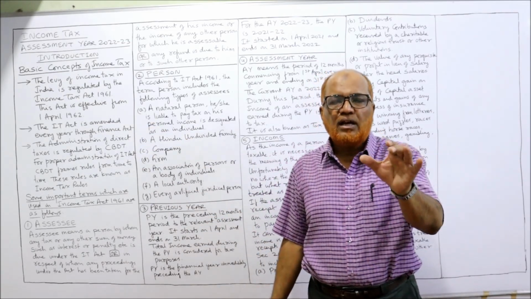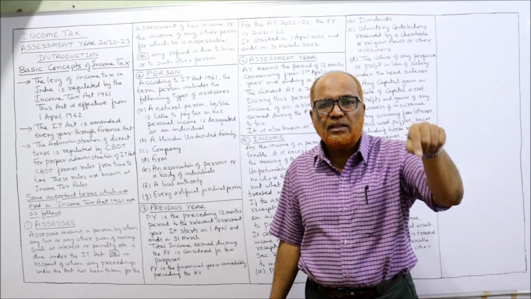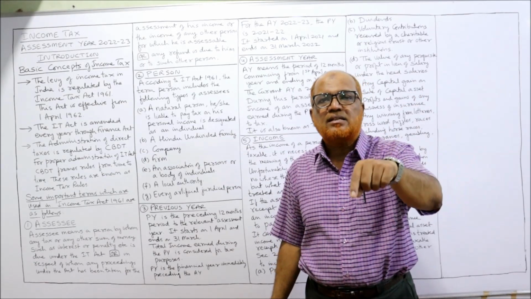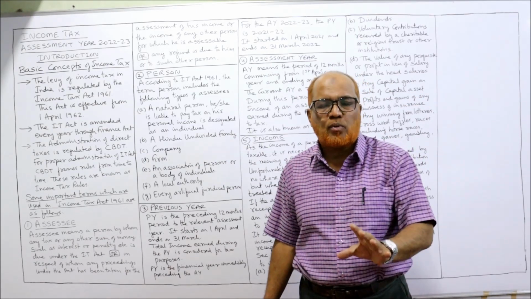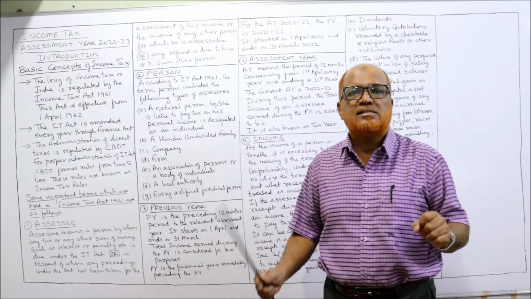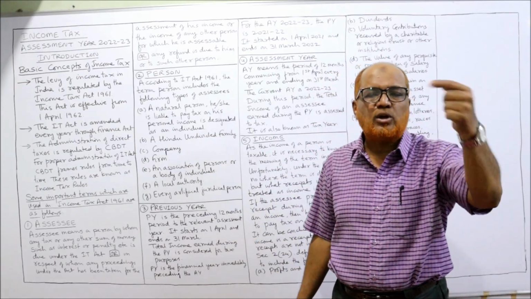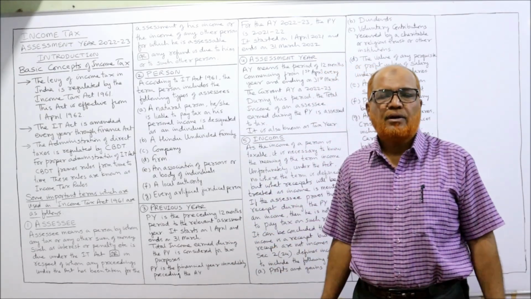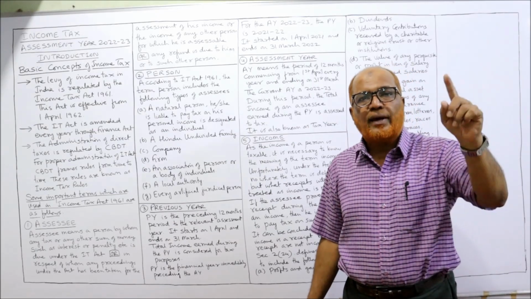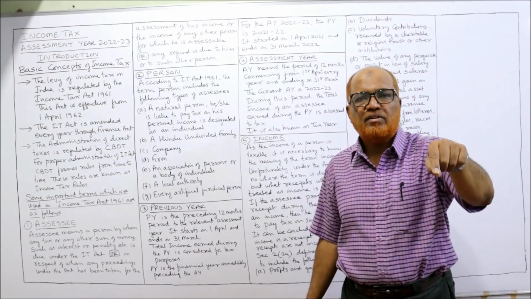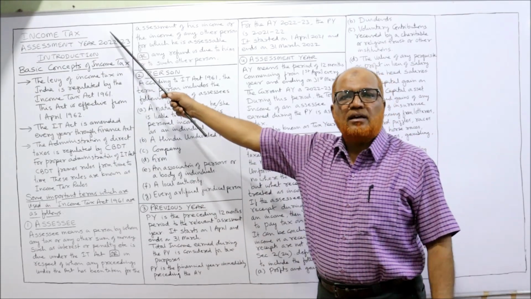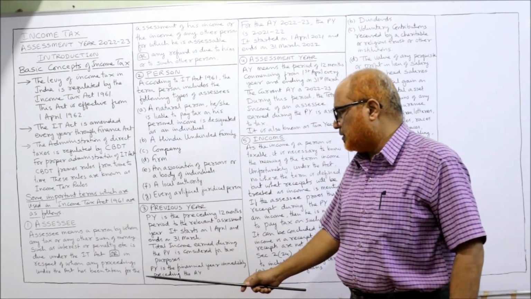That means whatever income earned during the previous year is taxable in the assessment year. Remember this point. All these things you have to write in examination. If a theory question is asked, what do you mean by previous year? So income earned in the previous year 21-22 will be taxed in the assessment year 22-23.